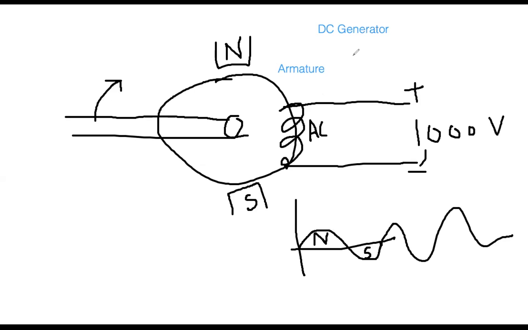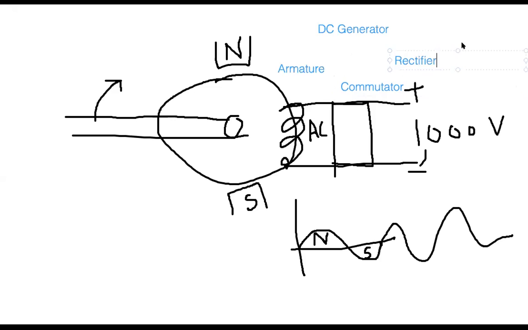But then, because we are talking about a DC generator, there is a commutator segment. After producing AC, there is a component or part which is called the commutator. The commutator is very similar to a rectifier. The commutator is a kind of rectifier.